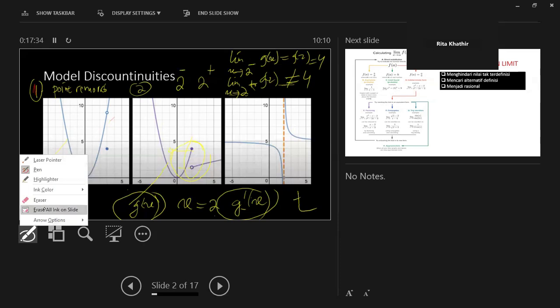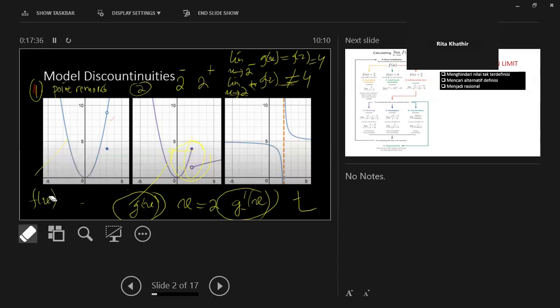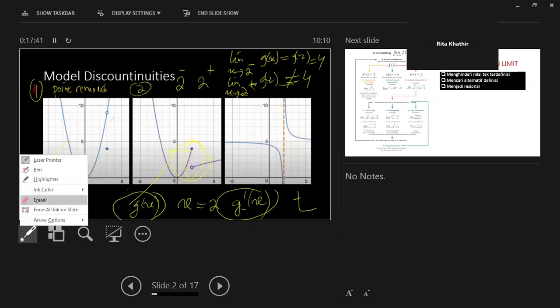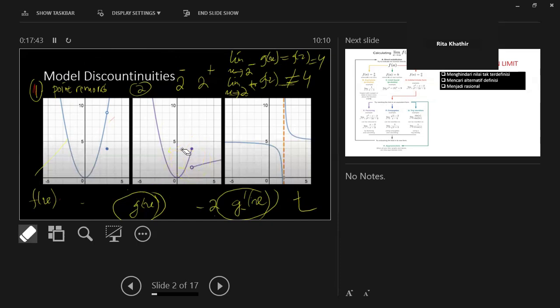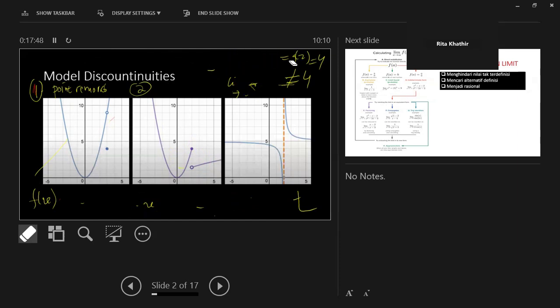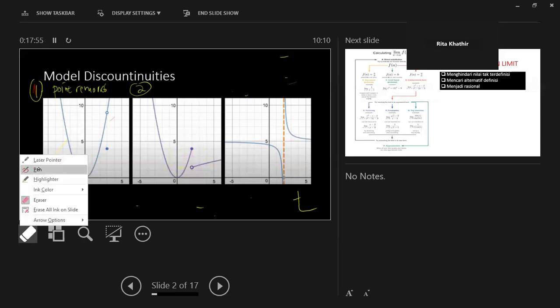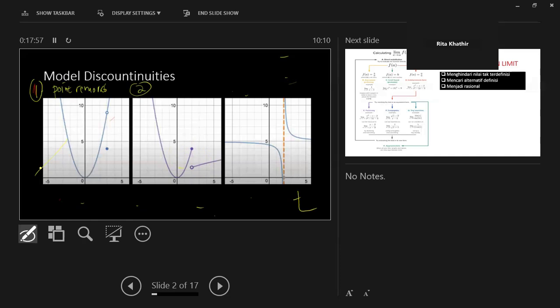When the limit does not exist, it is discontinuous. Okay, discontinuous. A nonexistent limit means also discontinuous. And we name this model of discontinuity as jumping at a point. Okay? Jumping at a point. Because it really jumps.